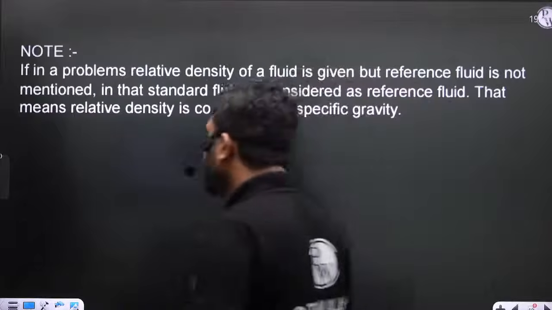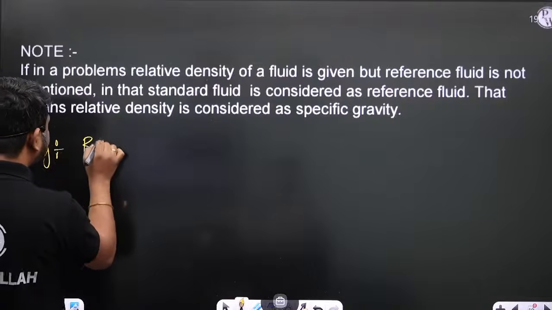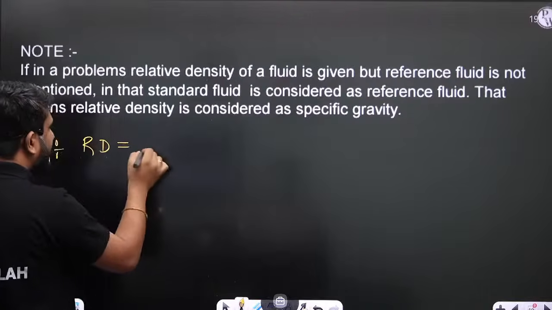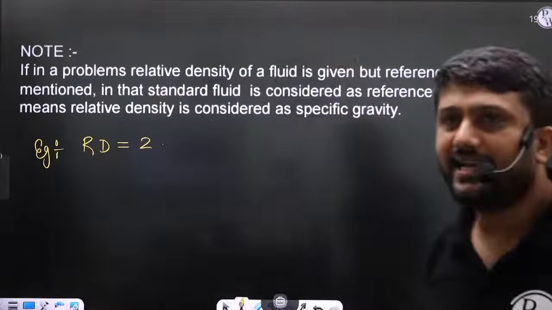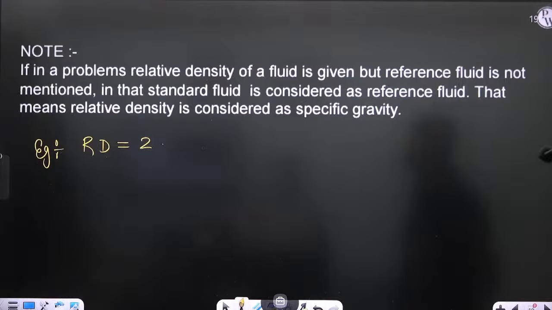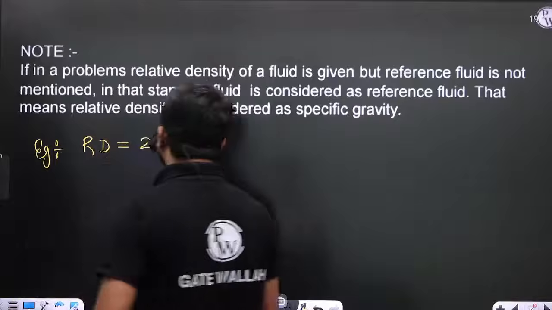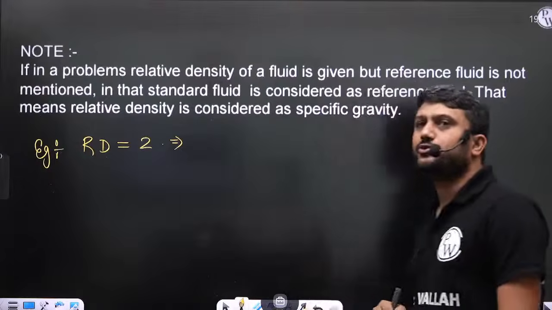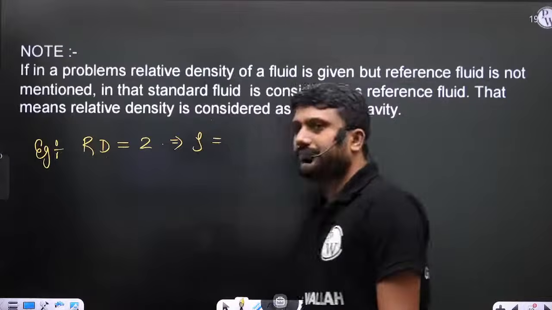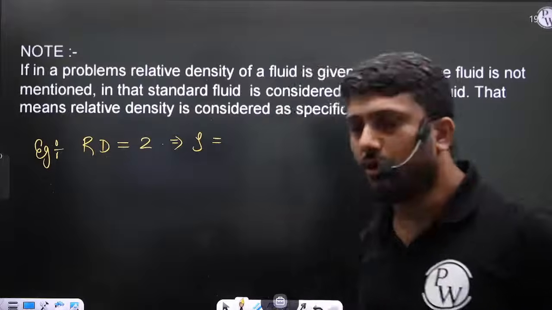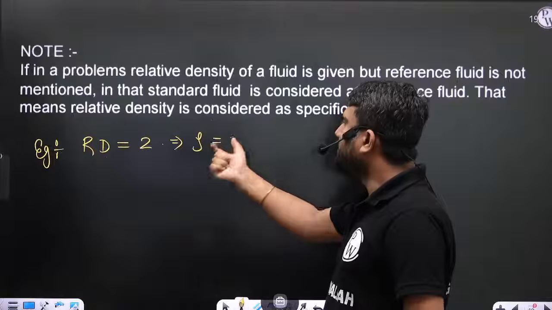So let us consider that in a problem, relative density is given. Let us consider that it is 2, for any object or for any body. So what is the density of that body? In the problem, relative density is mentioned, that is 2. Now I'm asking what is the density.